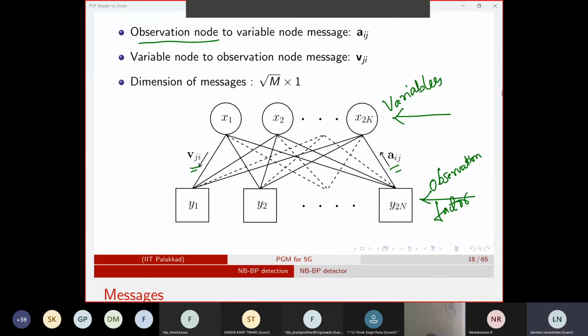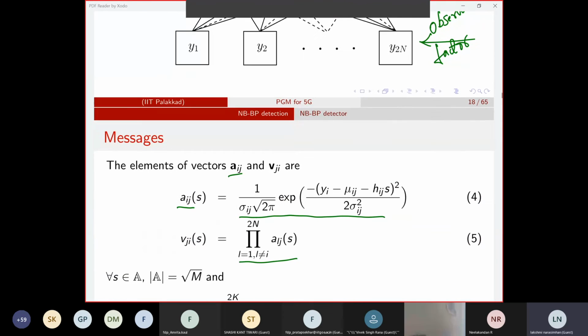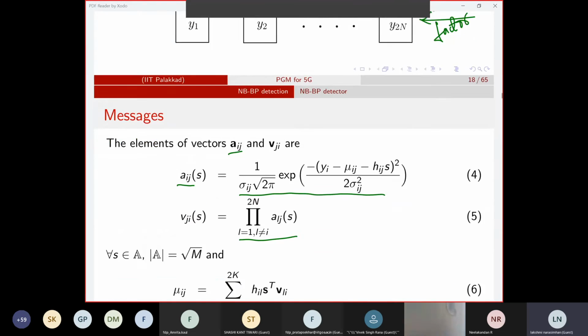One interesting thing to note here is that till the LDPC decoding, whatever we saw, each factor had just one value. That is, it computes the value at some variable value of 1 or 0, and we said the other one is anyway equal to 1 minus that. And so we are okay with the messages. So messages were nothing but scalar quantities till now. But in the case of MIMO decoding, scalar quantity messages don't really work.